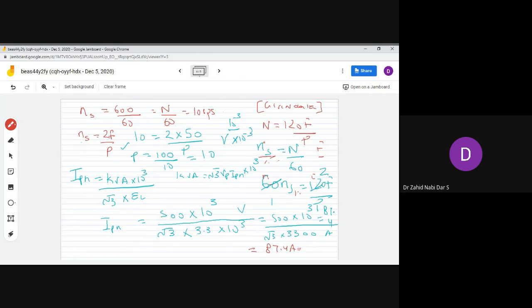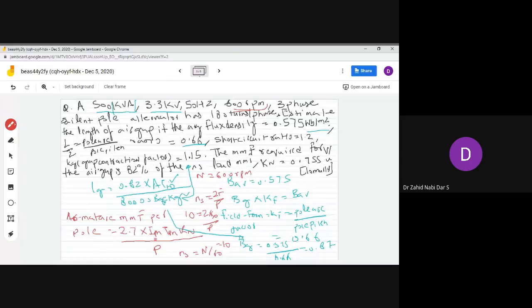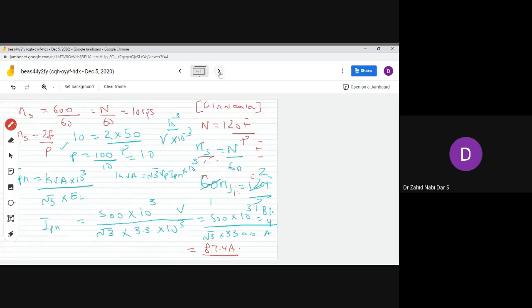Now you got I phase, which you needed to calculate the number of poles. The kW value is there, and T phase is given as 180. So you can substitute in the equation to calculate this value.